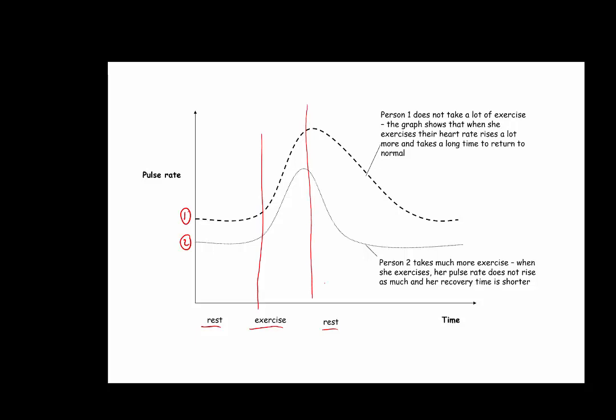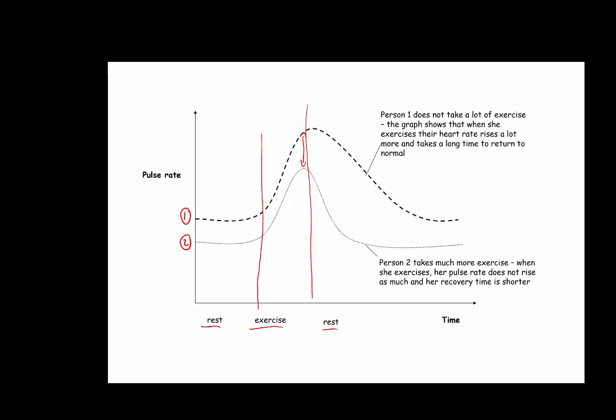Now here's what we can see. There's a couple of things. In the first section, we can see person number 1 has got a higher heart rate than person number 2. This would suggest that they're less fit. Now we'll get on to why that is later on. During exercise, person 1's heart rate rises much more than person 2 by about this much.